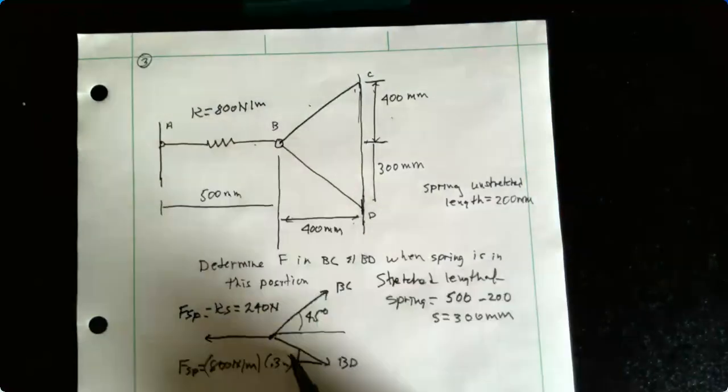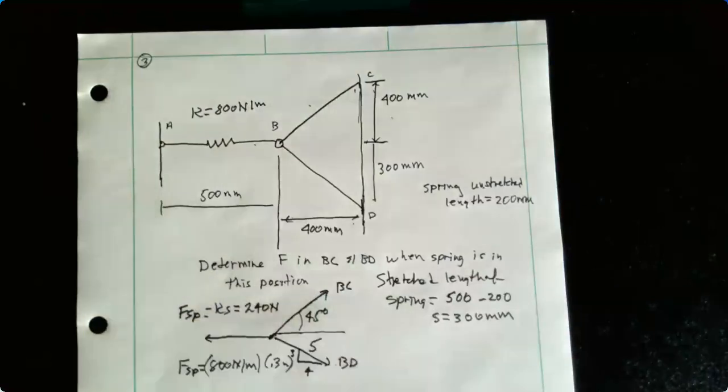Three vertical, 4 horizontal, and 5. So it looks like we have everything we need to go ahead and solve the problem.